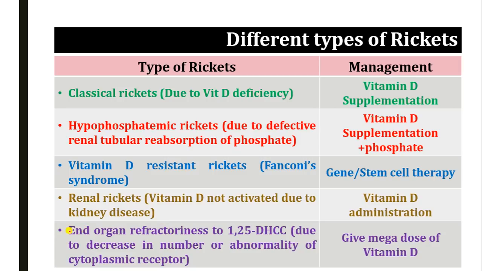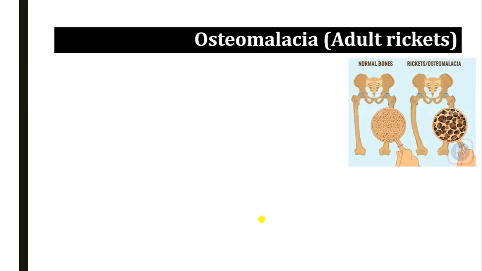Another type of rickets is due to end organ refractoriness to calcitriol, because of a decrease in the number of receptors, or the cytoplasmic receptors are there but abnormal, so the end organ effect of calcitriol will not be there. This can be treated by giving a mega dose of vitamin D.